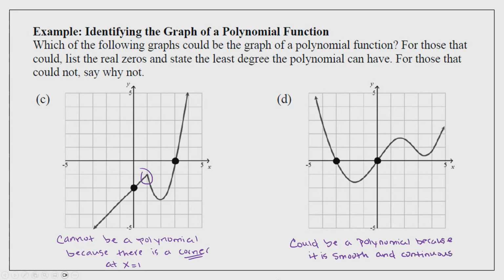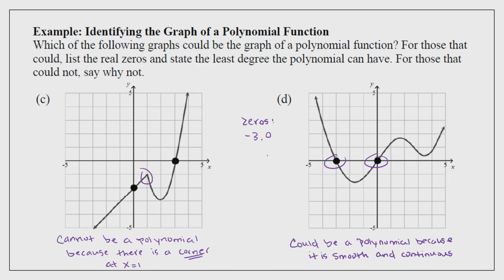Since it is a polynomial, we can identify its zeros. The zeros are going to be where the x-intercepts are located. So the zeros of this function are going to be -3 and 0.